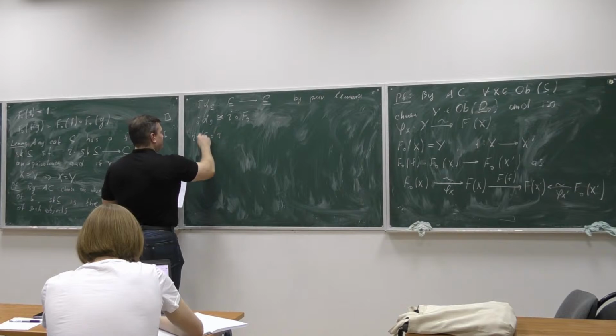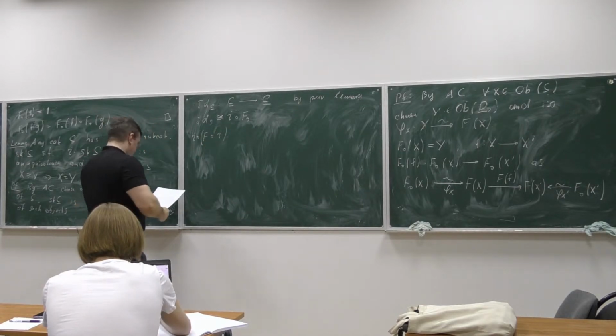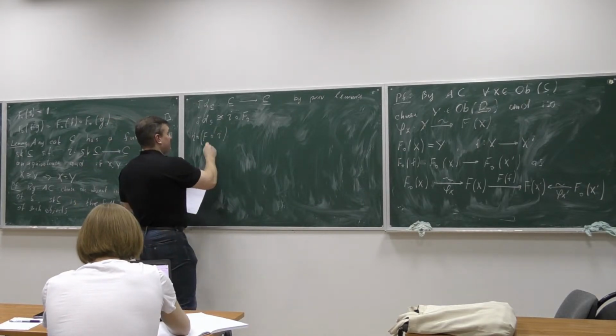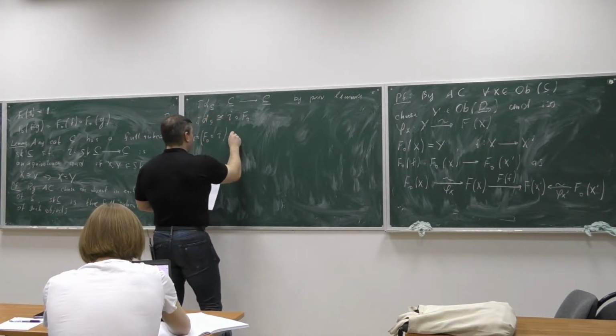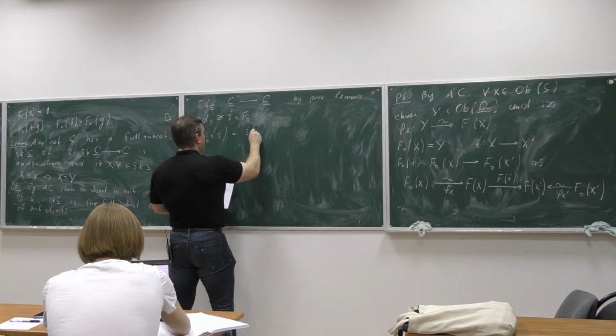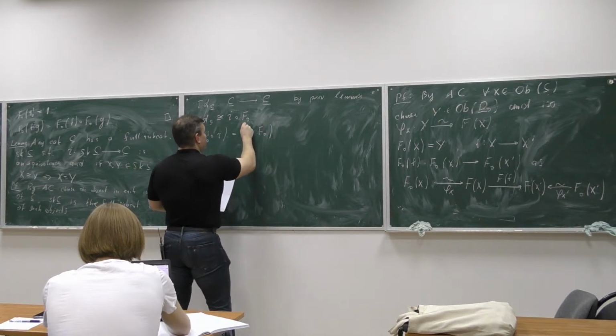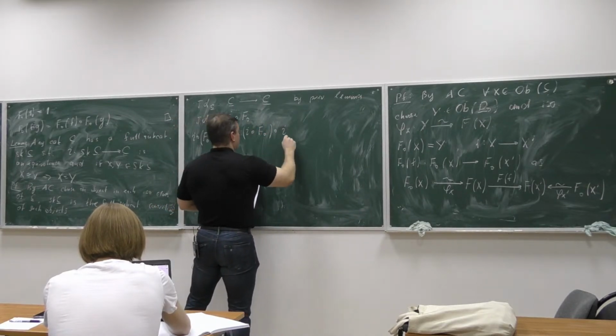So I take the composition of f0 and iota and compose again with iota, and use associativity to rewrite this as this composition first, then composition with iota.